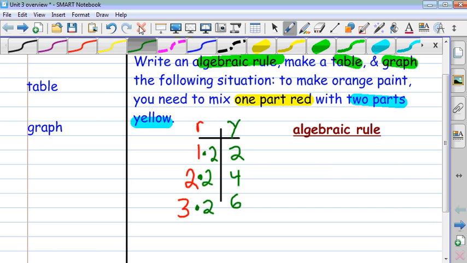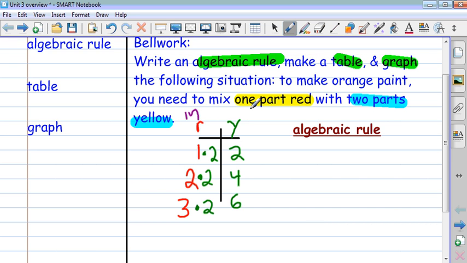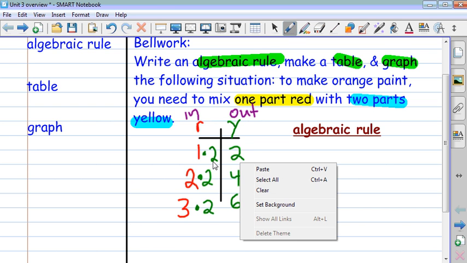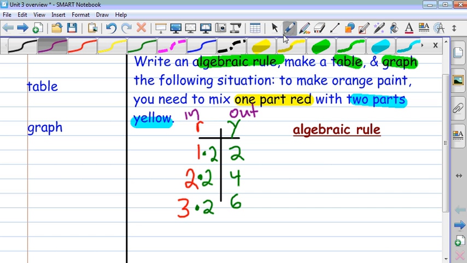Above R, can you guys write down this? I want you to write down in, and that stands for input. And we're going to have out above the Y. That's going to get me my output. So how do I get out the number 2? For me to get the number 2 right here, I multiply R by 2.